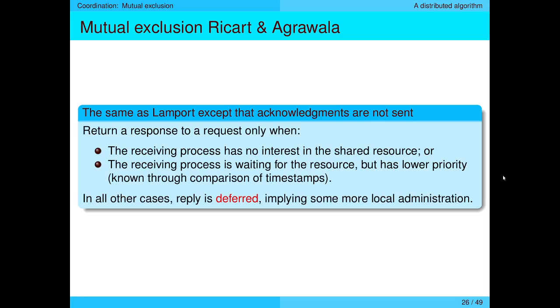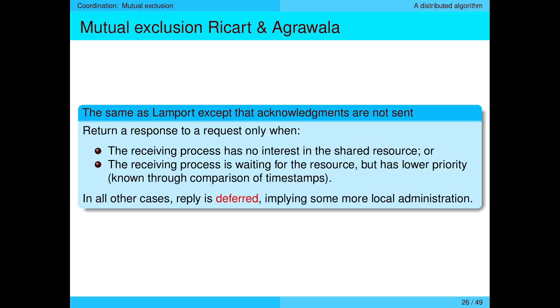And another algorithm here, you would have seen Lamport's algorithm. This is a little different from that, in that acknowledgements are not sent actually. You return a response to a request only when these things happen: the receiving process has no interest in the shared resource, or the receiving process is waiting for the resource but has lower priority.